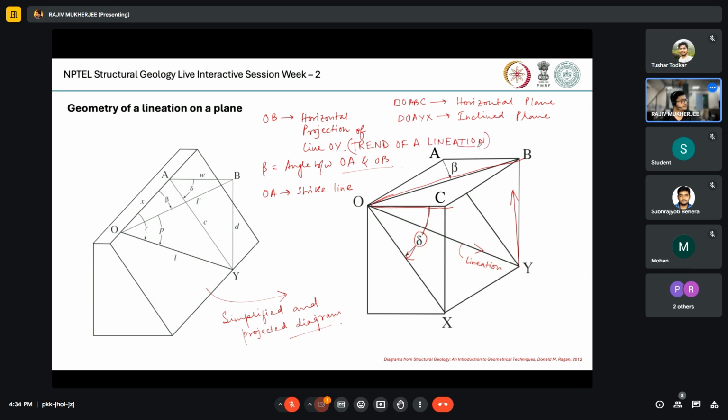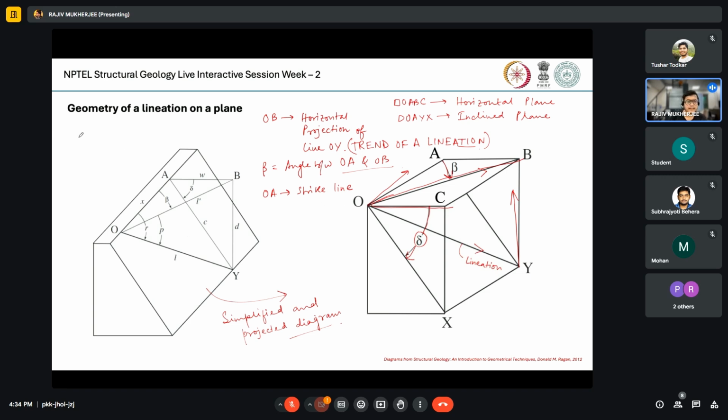Okay. So this beta angle means we are measuring the angular difference between the strike and the trend. So this is the strike and this is the trend, and this is the angular difference.